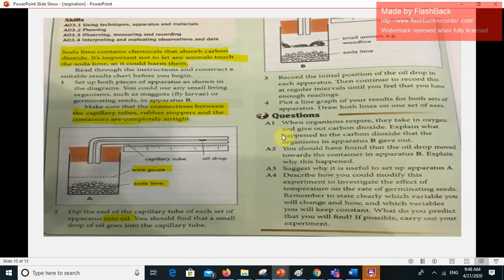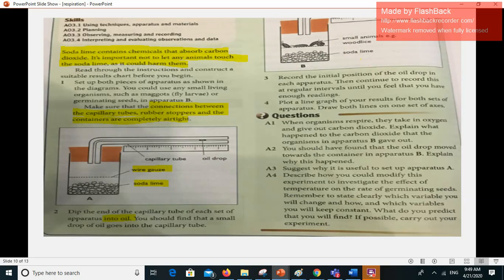Here it's very important to connect the tubes with the capillary with the rubber here to make it tight, completely airtight. There is no leakage for any gases, because I'll tell you why. Here in apparatus B, the same as apparatus A after setting all the apparatus like this, but here we introduce the wood lice.